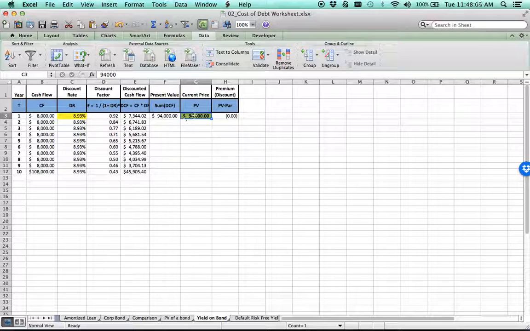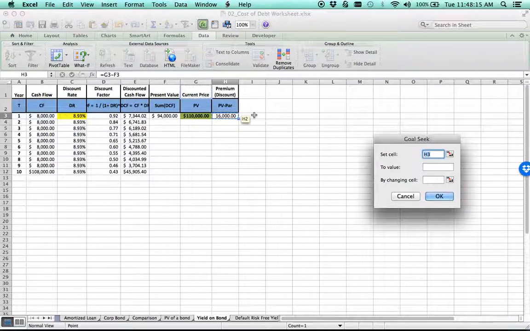Okay? Again, the market could be selling at 110,000. See if I did that right. Yeah. Go through the same process. Goal seek, set that difference to 0 by changing the interest rate. Now, what do you expect is going to happen here?